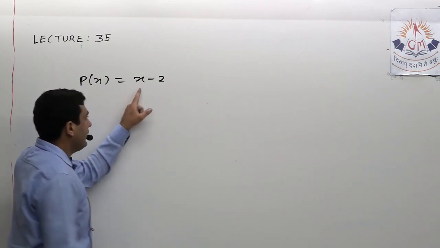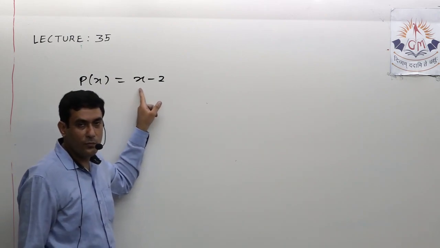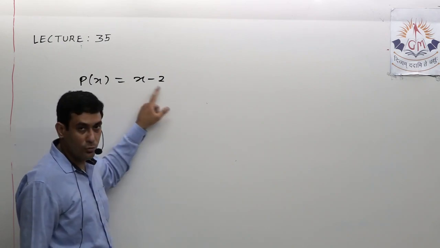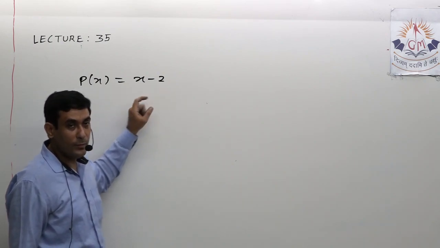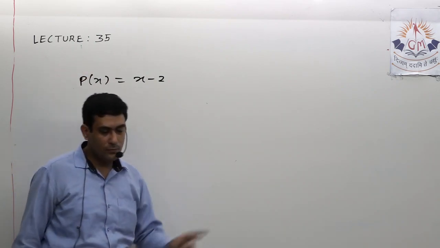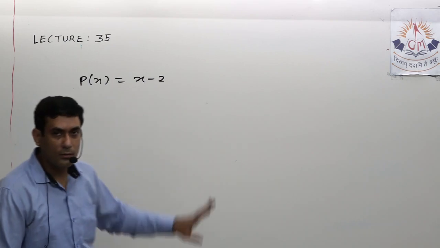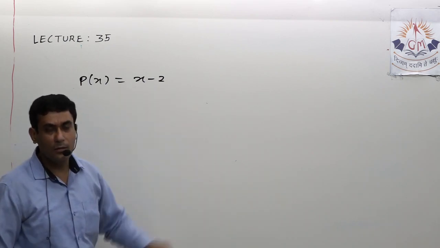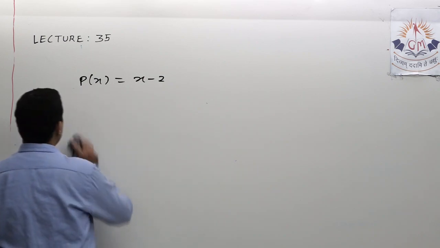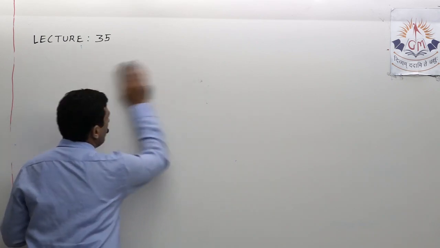So if I put x equal to 1, what will I get? 1 minus 2 is minus 1, that is not equal to 0. If I put 2, 2 minus 2 is 0. That means I can say the 0 of the given polynomial is 2. Now how to obtain that value of 0? For that we will see a very small algorithm.